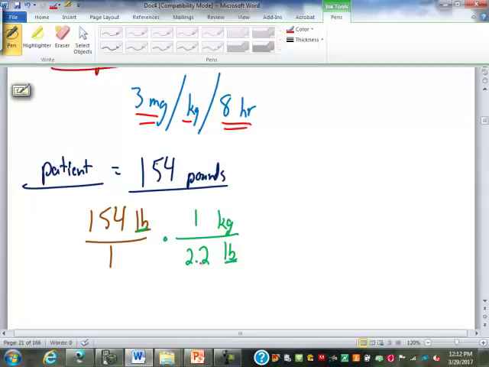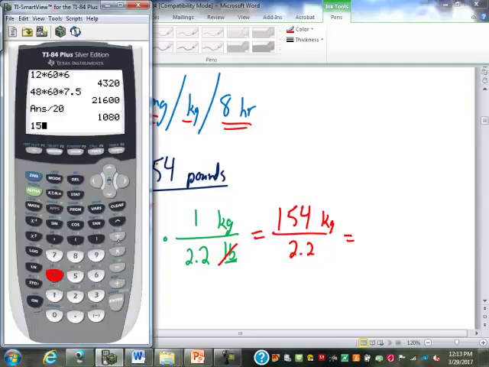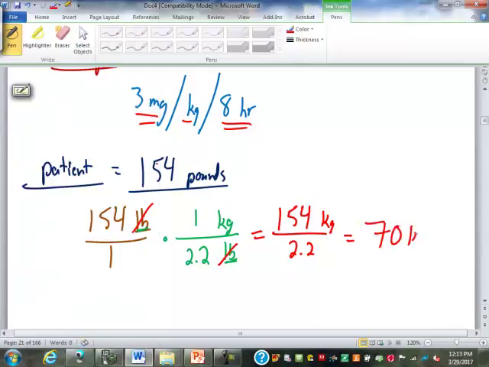And that is a standard in the medical fields, by the way, is just use the 2.2. So the pounds cancel out. 154 times 1 kilogram is 154 kilograms. 1 times 2.2 is 2.2. So 154 divided by 2.2 is 70 kilograms.